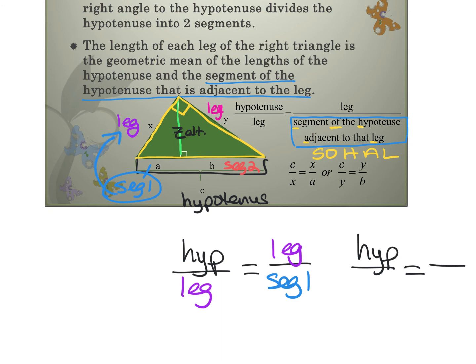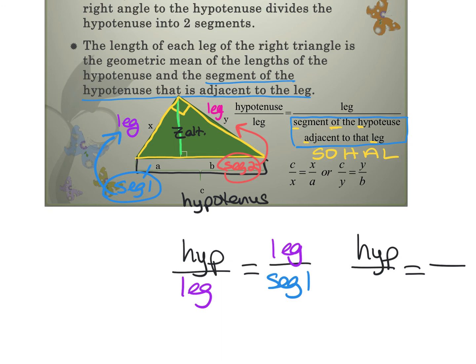So the blue segment is next to the purple leg. The red segment is next to the pink leg. So the SOHAL for the pink is the red. It's the segment of the hypotenuse. So the piece of the hypotenuse that's right next to that leg.